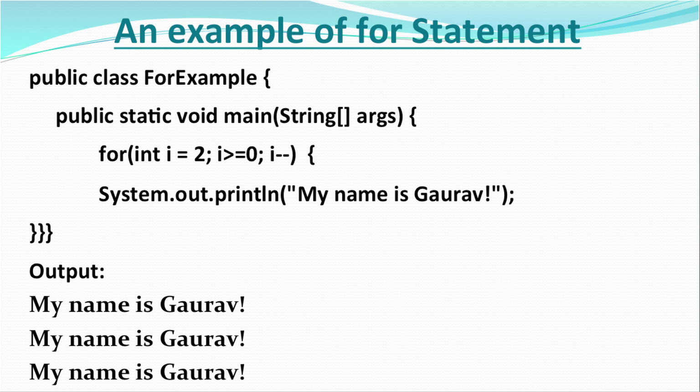You will see in this diagram that a false indicates an exiting from the loop, and because of the exit, this program will no longer get executed. It will finish over here, and the output screen will display only 2 times my name is Gaurav, right? Now let us take another example of the for statement.